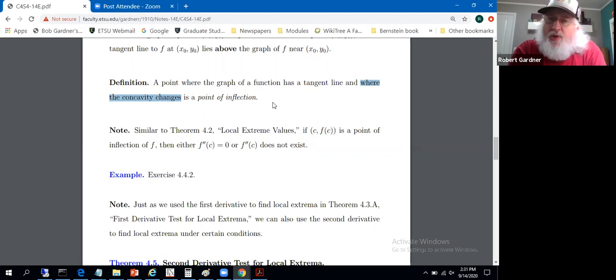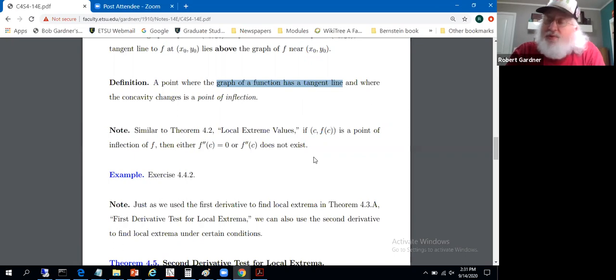So we won't know the points of inflection until after we've made a chart, a table of values. We'll have to refer to these interesting points as potential points of inflection. We'll look where the second derivative is 0 or the second derivative doesn't exist, and the graph of the function has a tangent line.